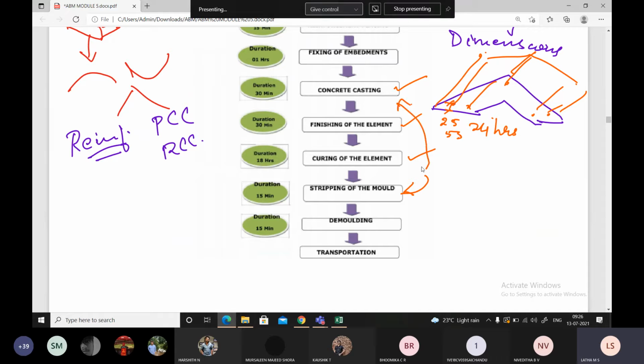Why do we avoid stripping of the mold after concrete casting of 24 hours? Just to avoid the mold getting corroded, so the mold can be reused. Then after that you can go for transportation. This is the complete procedure as we do for concreting also. But the difference is, in concreting we have a defined shape, beam, column, whatever it is. In precast we have different mold shapes.